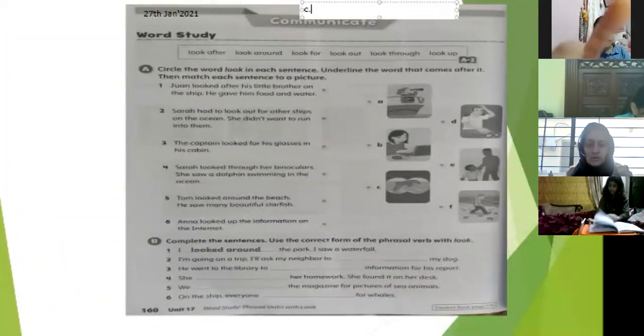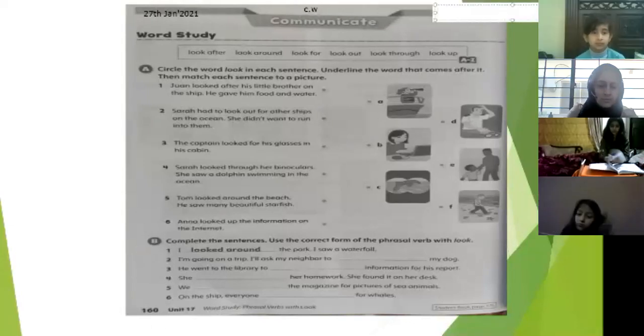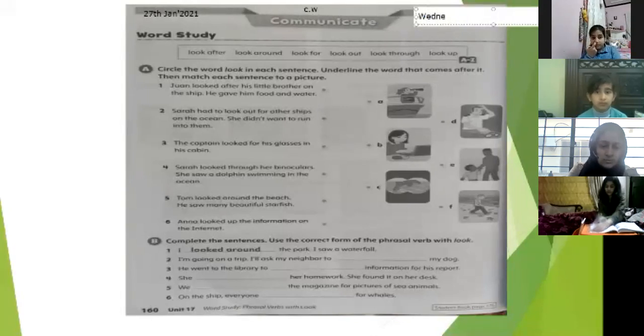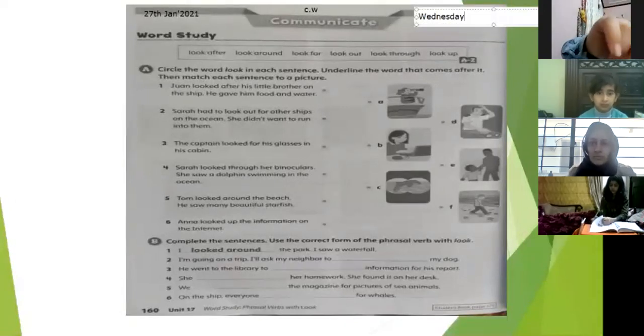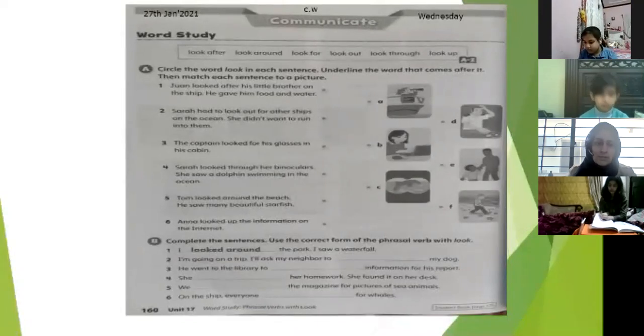Classwork, and day is Wednesday. This is page number 160 of your workbook.